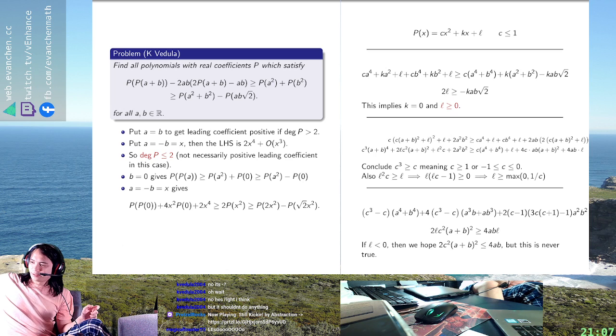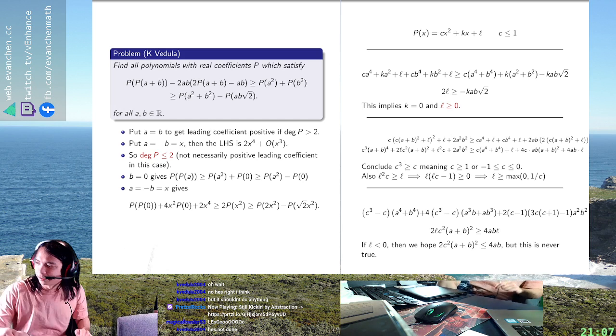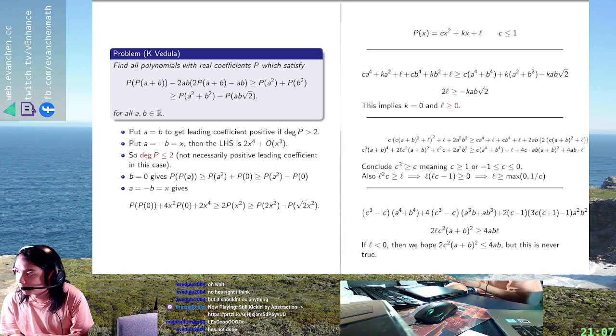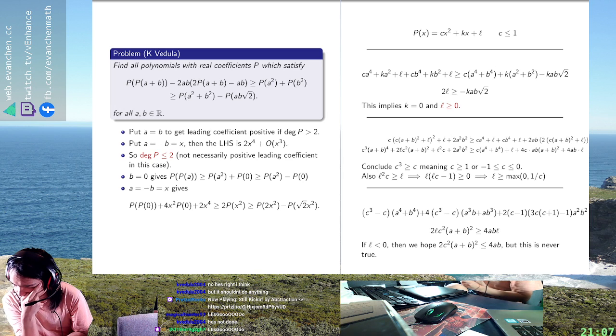If L is non-negative... Actually, even if L is non-negative, I'm not totally sure. This isn't true for... So basically, life is just sad, is what I'm getting out of this. The nuclear option is to write it as a quadratic in L, and then... Sorry, not quadratic in... No, what?